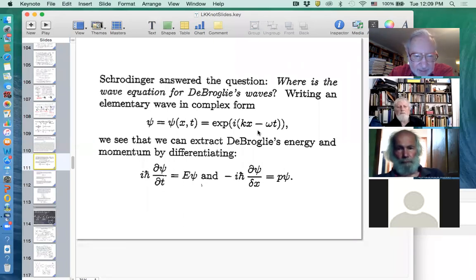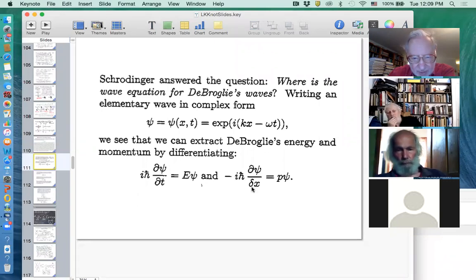And you see that that can be done. For example, if I take i h bar d psi dt, then I get, there's a minus sign there, and I'm doing with respect to t, I get h bar omega here, which is the energy.